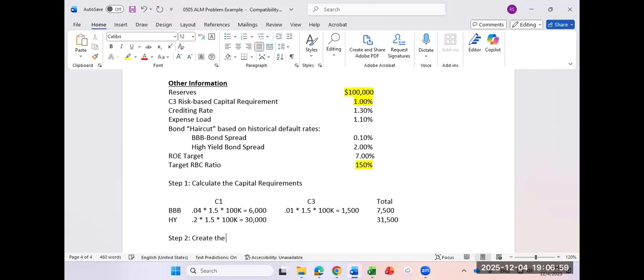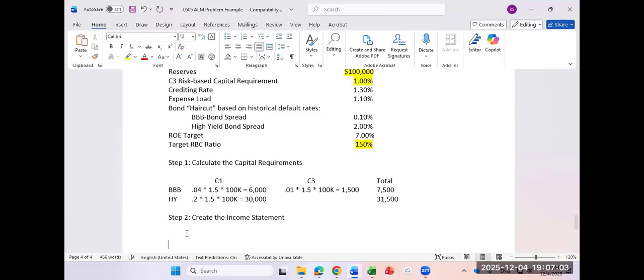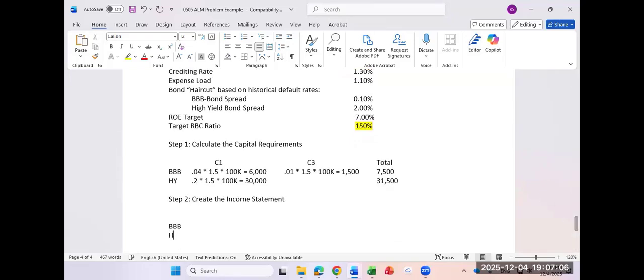Create the what? Income statement. So you got triple B, high yield. You have your revenue, your net revenue, which is the haircut. You have your credit, interest, your expenses, you have your net income, and your ROE. So those are the pieces you do.